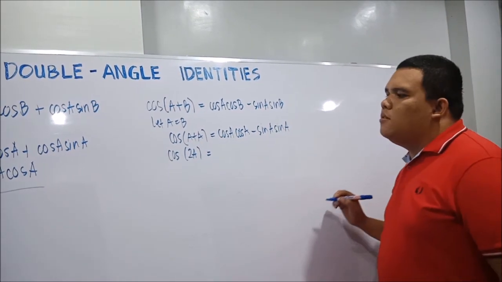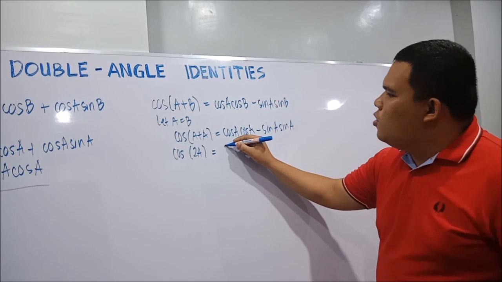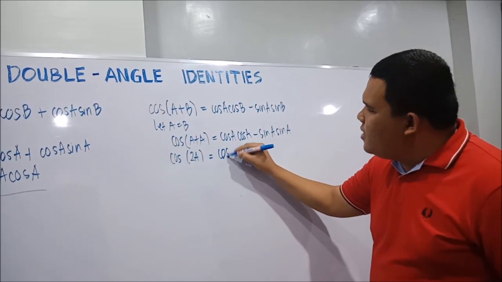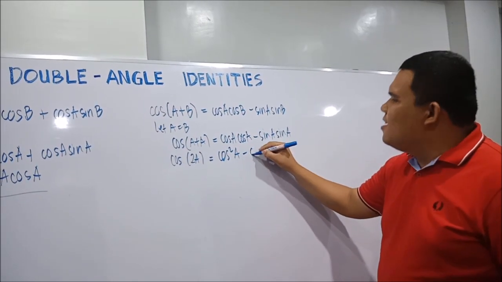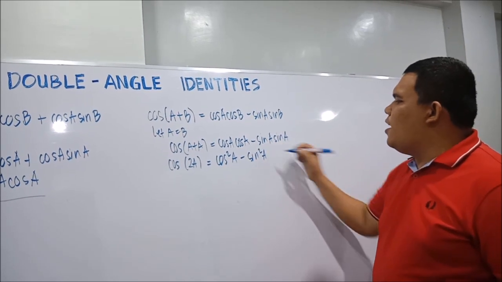The double angle identity for cosine is cosine squared A minus sine squared A.